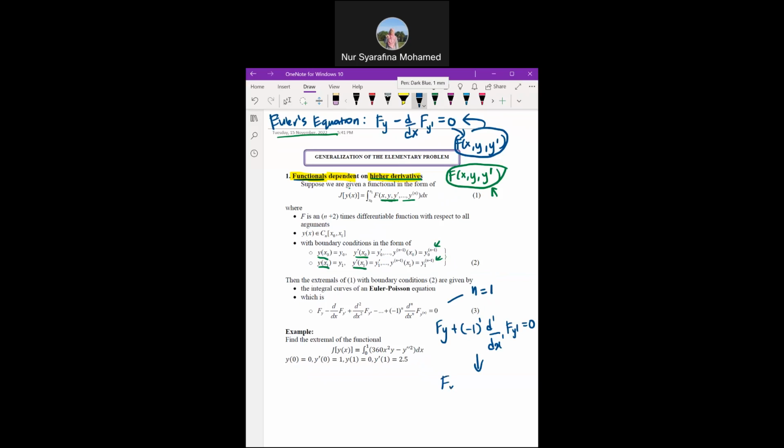If you rewrite this, it can be Fy minus d/dx of Fy prime equals 0. So this is the general form of the Euler-Poisson equation, where if n equals 1, we come back to the Euler equation that we used earlier. This Euler-Poisson equation is used for functionals dependent on higher derivatives.